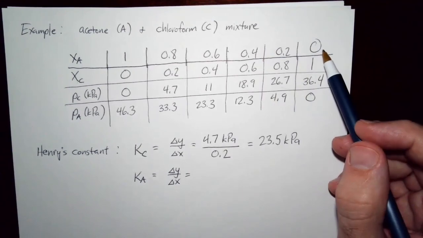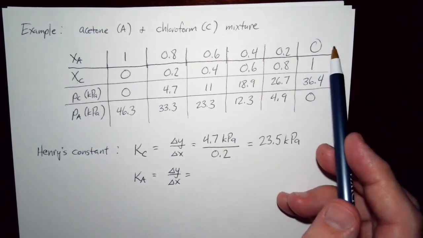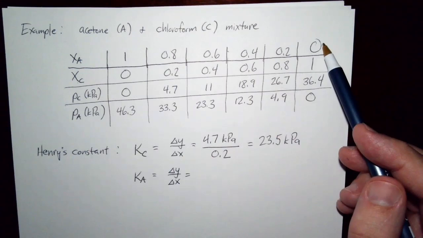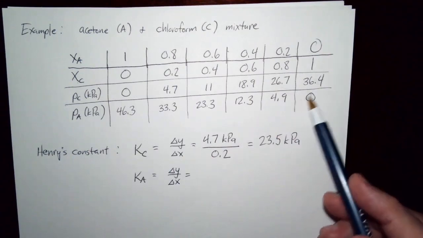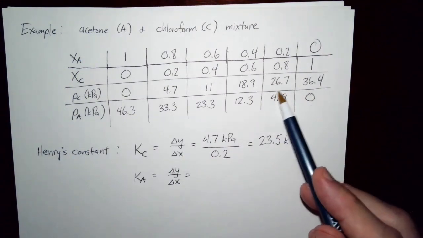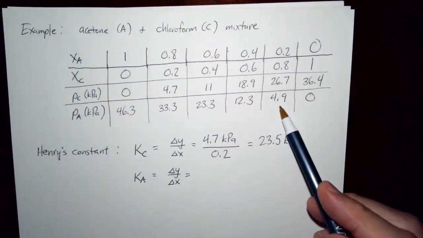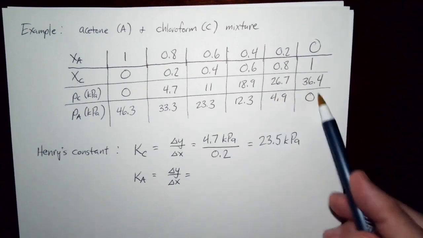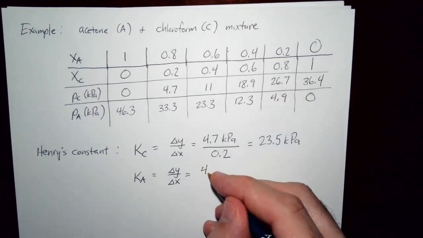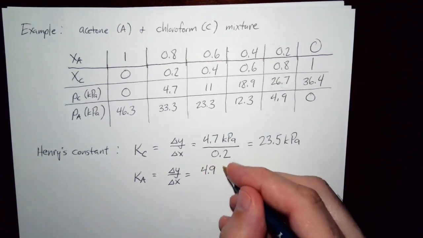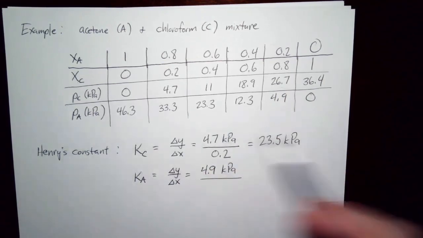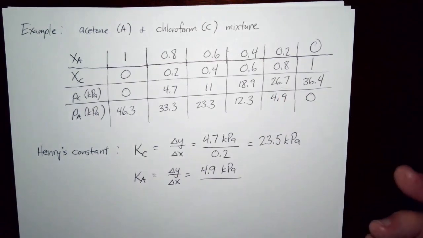This is a little tricky because now X is increasing from right to left. That means when I do delta Y, I'm actually going to take the number on the left, because that's the second number if I'm going right to left. So delta Y is 4.9 minus 0. Again, I'm calculating the slope right to left, and we're not used to doing that.